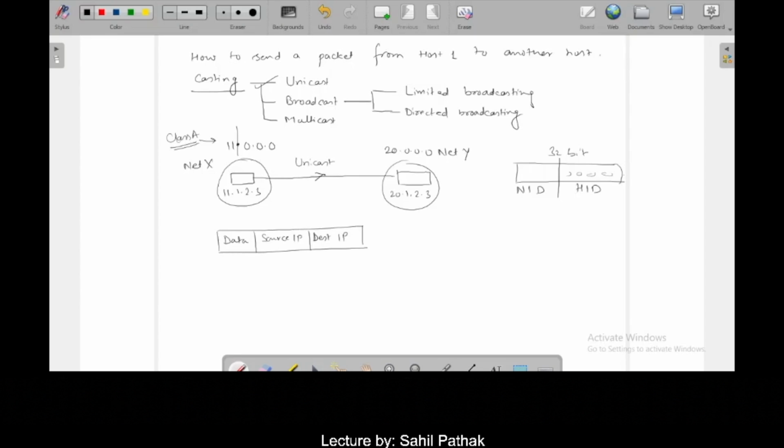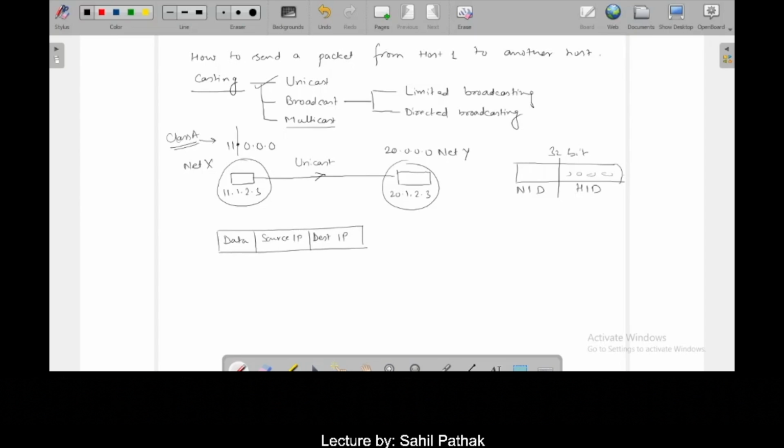Now, multicast. We have discussed the concept of multicast, that it is sending the data within a specific group. So it is not the broadcast. In the broadcast, whichever hosts are connected in the network, the information is sent to all of them, and that is what we call broadcast.